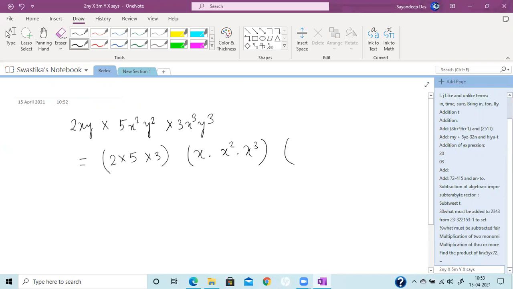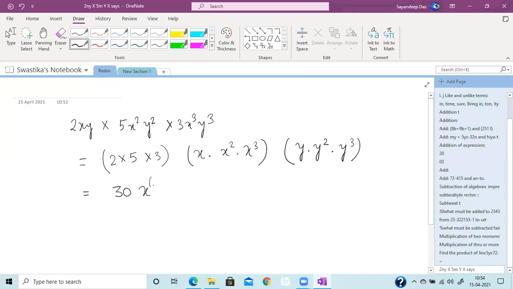Now take the y's. Just look at the variables very quickly. You should be very sharp and very quick in finding out the variables. What are the variables present in the monomials or the binomials? So here the constant is: 2 fives are 10, 10 threes are 30, and then x to the power 1 plus 2 plus 3, it is 6.